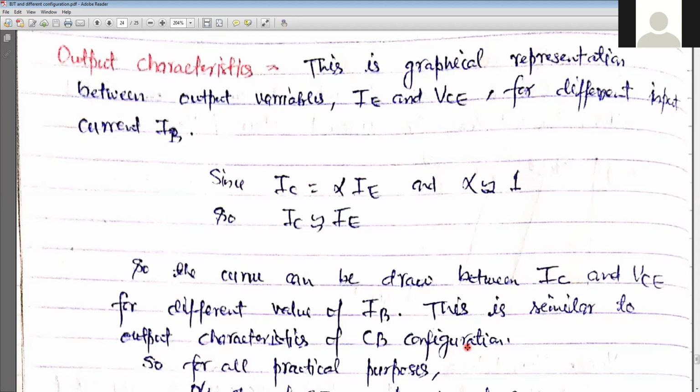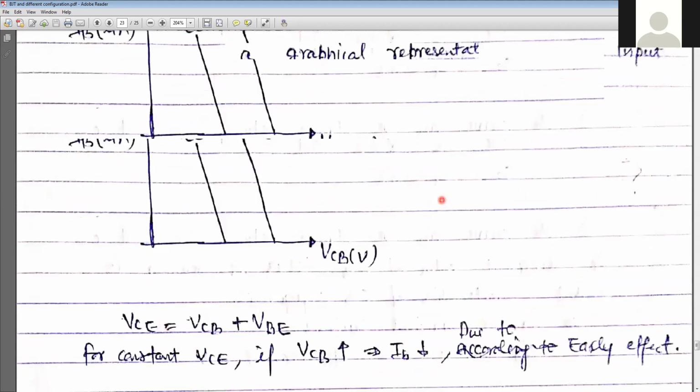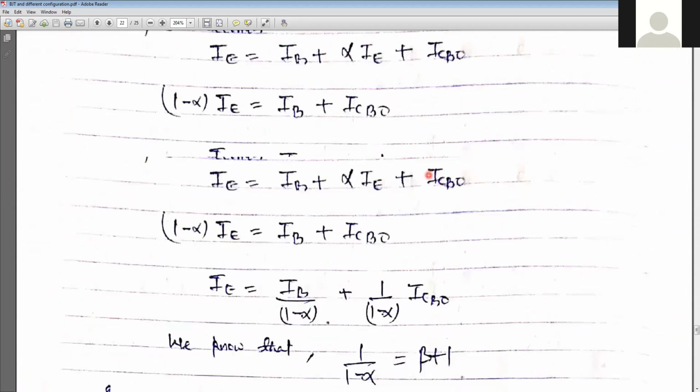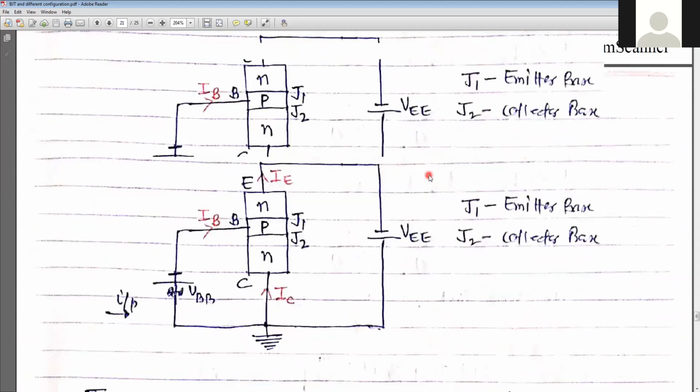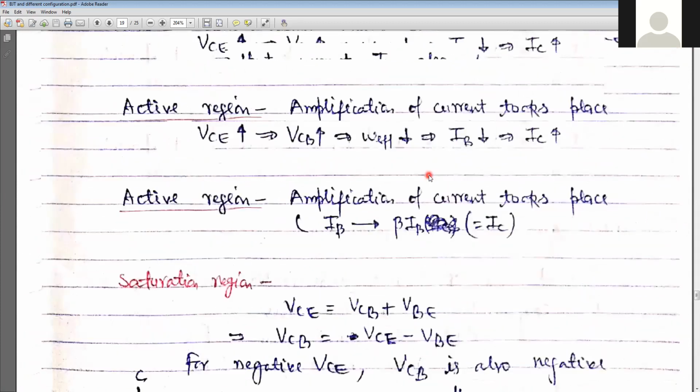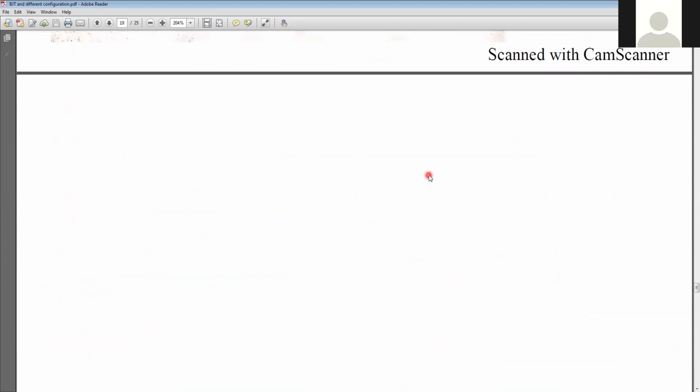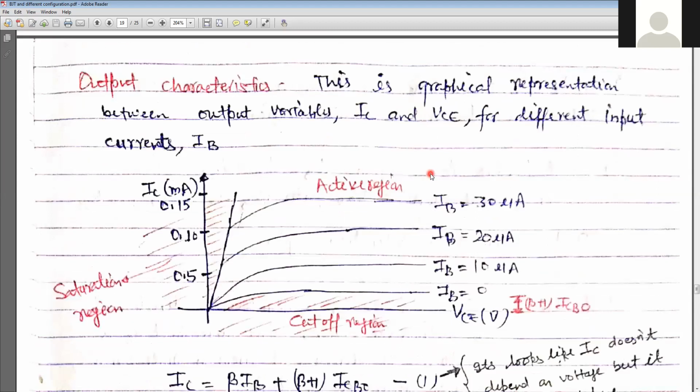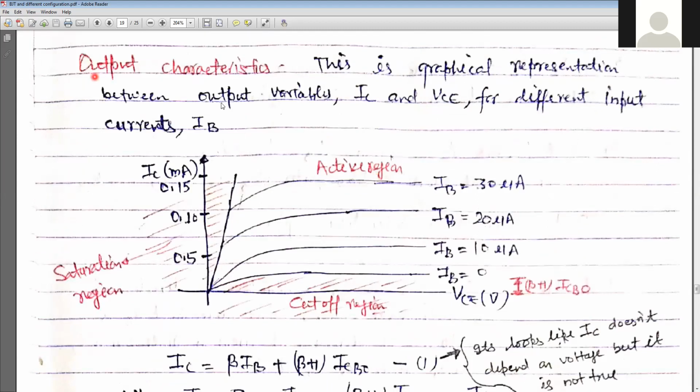If you see in the common configuration, I will show you, then you can understand. In a common emitter, the output characteristics are IC and VC. These are the output variables.